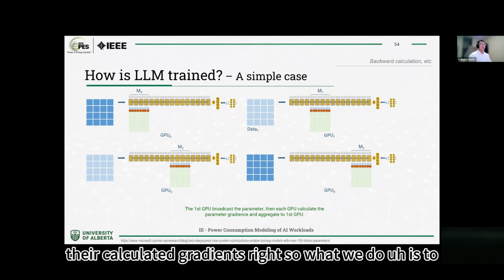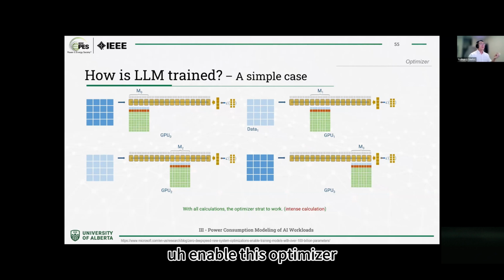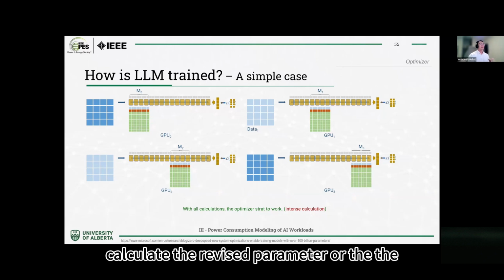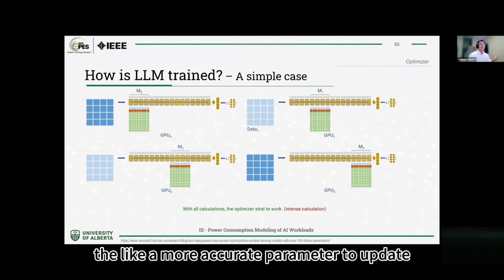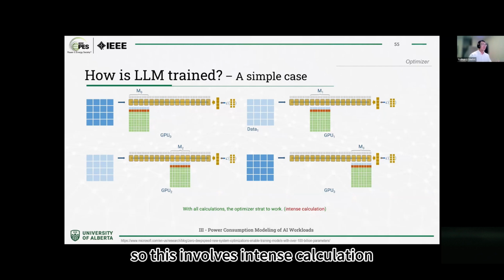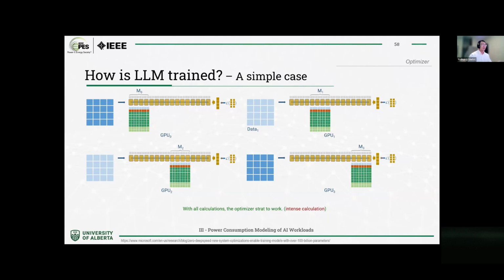Then we enable the optimizer to calculate the revised, more accurate parameters to update the model. This involves intense calculation.